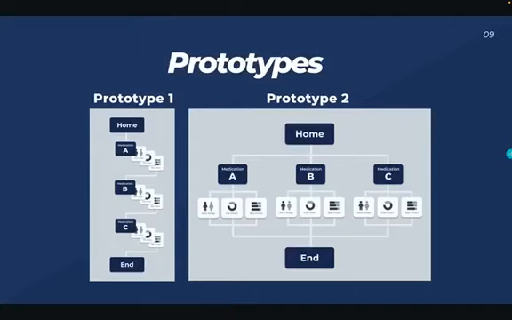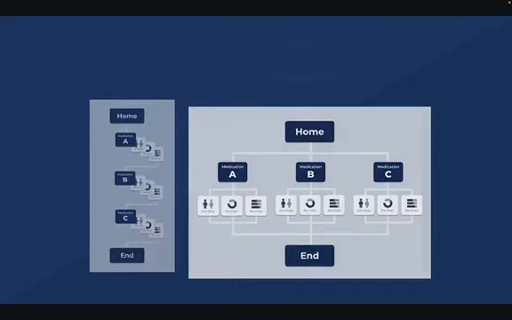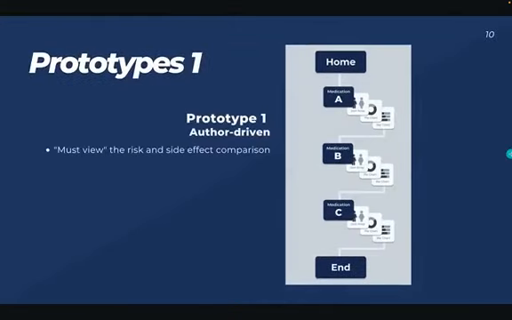For this study, we designed two prototypes, Prototype 1 and Prototype 2. Prototype 1 is author-driven and features a linear sequential sequence for massive information delivery. Participants are required to view the risk and side effect comprehension chart for each medication, including icon array, pie chart, and bar charts.